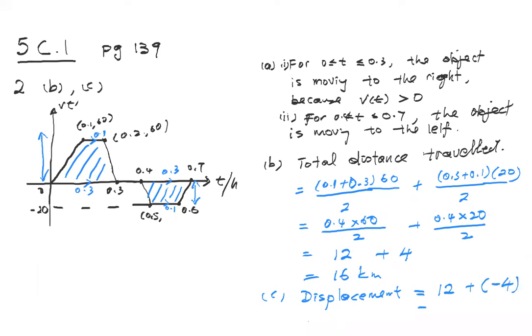That is 8. So the object is displaced 8 kilometers from the starting point. I don't know where the starting point is, that's why I didn't say origin. Clear? Okay?